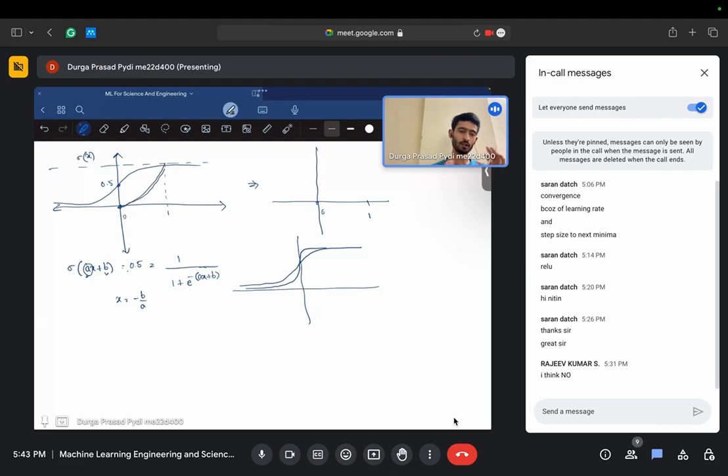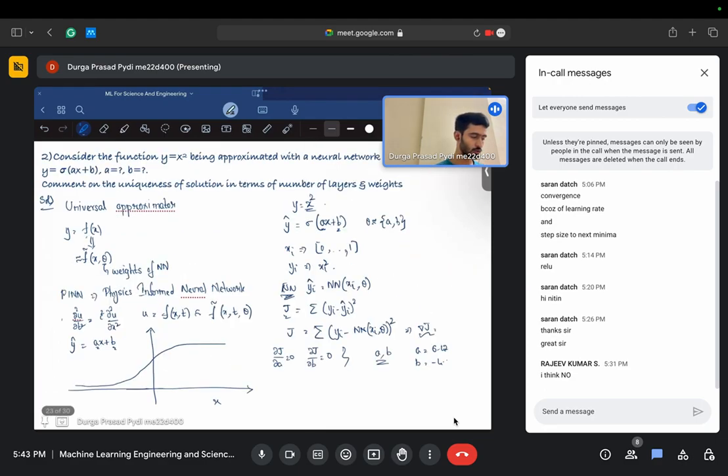I just want to draw an analogy from that to here. The B here will decide where the inflection happens, and A will decide the slope of that particular curve. In this particular case, we got the values of 6 point something and minus 4 point something if I use the Adam optimizer.